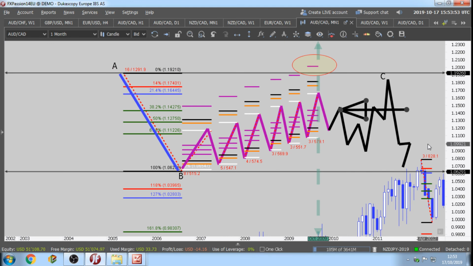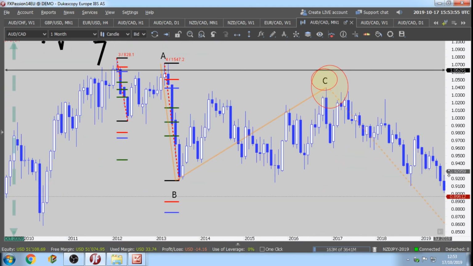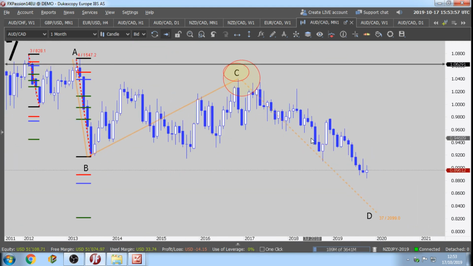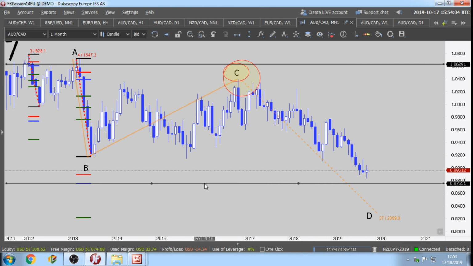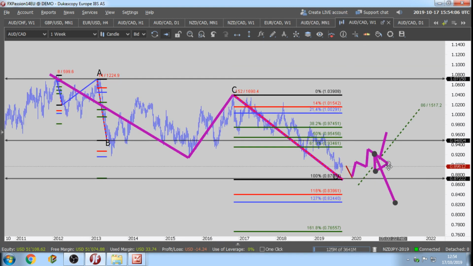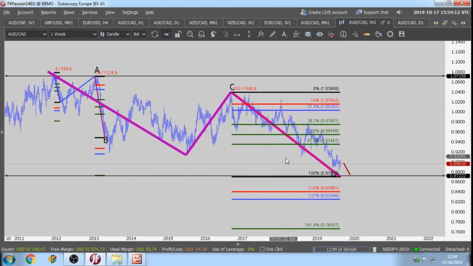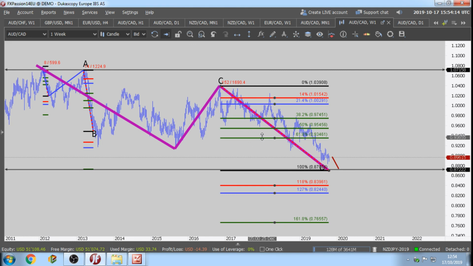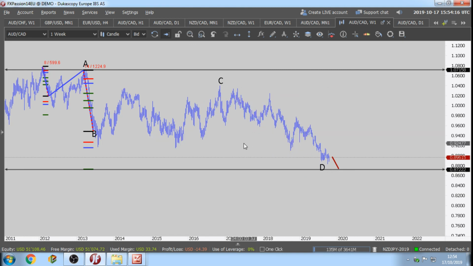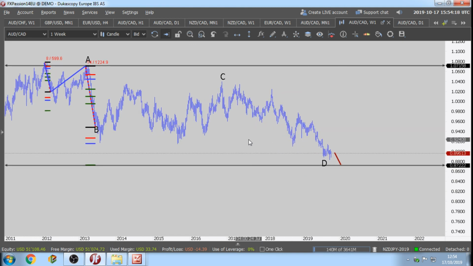So monthly is down, with a confirmed C, approaching the appropriate extension. The weekly is down, right? The weekly is down, approaching the green goes to green, I believe.